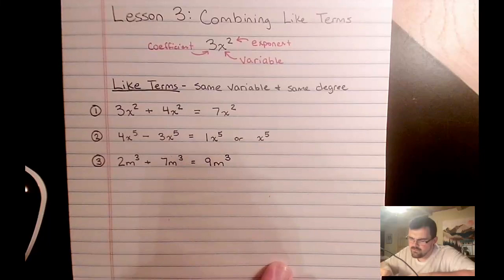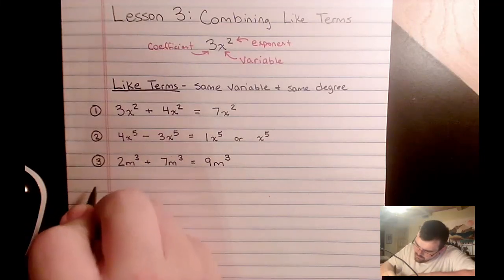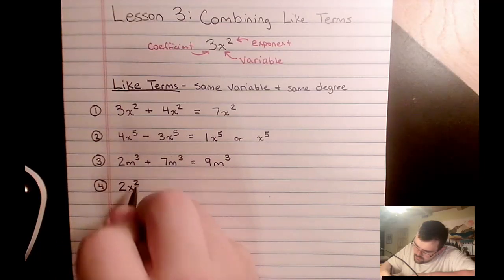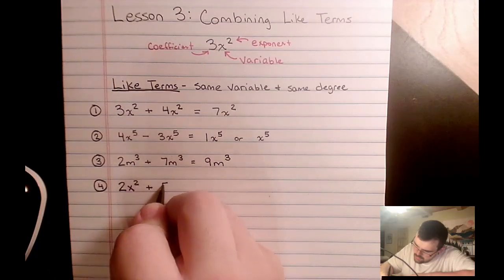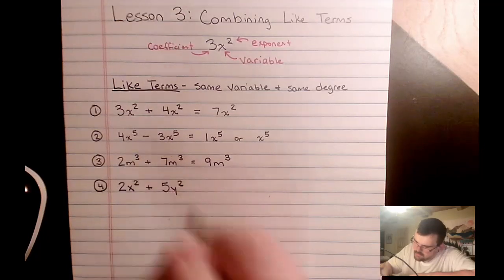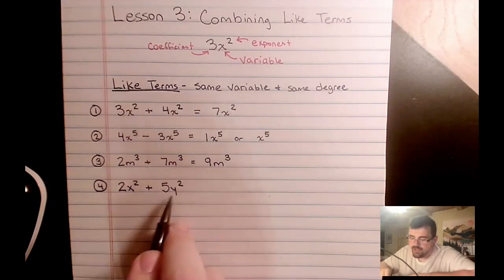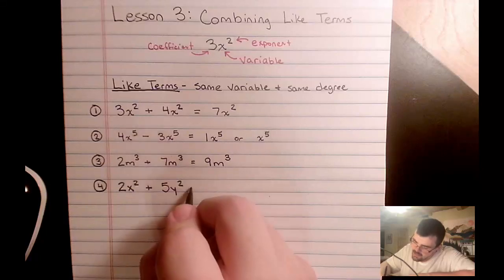Hope we're feeling okay so far. Let's see if I can throw a little curveball here. 2x squared plus 5y squared. Okay, here's the thing. These guys, they're not like terms. They have the same exponent, so that would be good, but x and y, two different variables, not like terms.